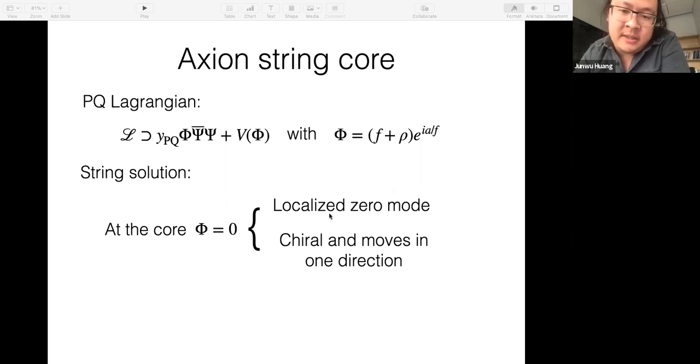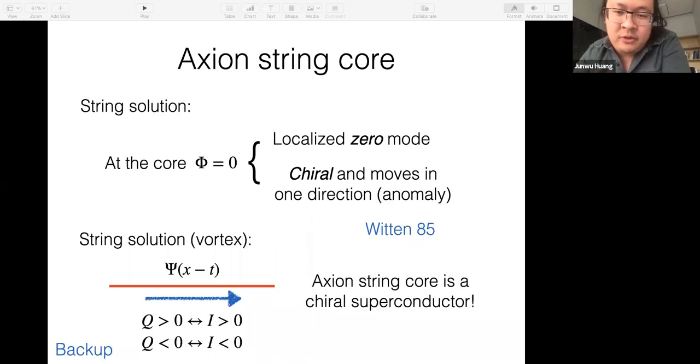That's how you see that you will have this localized zero mode which lives on the string. I can show you in more detail later, but right now you have to believe me that these fermions which live on the string are chiral, meaning in this 1+1D effective field theory on the string, they are massless modes which only move in one direction.